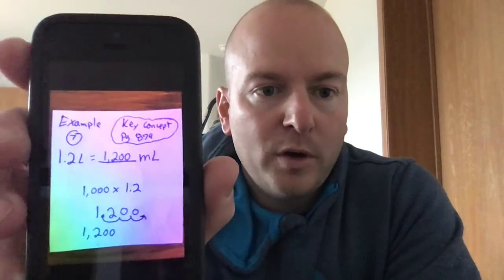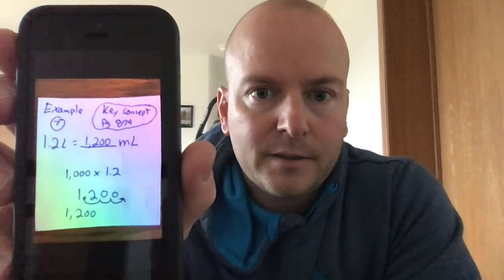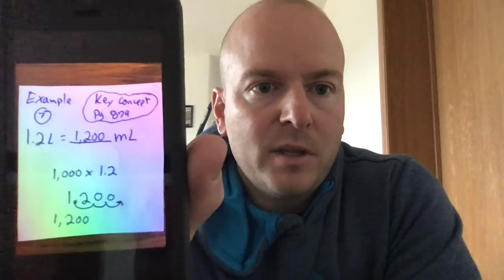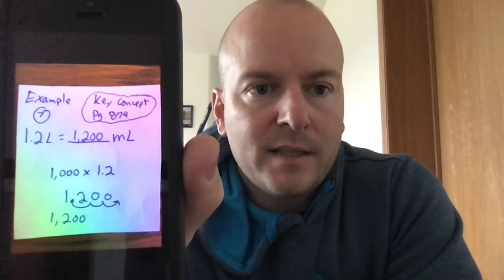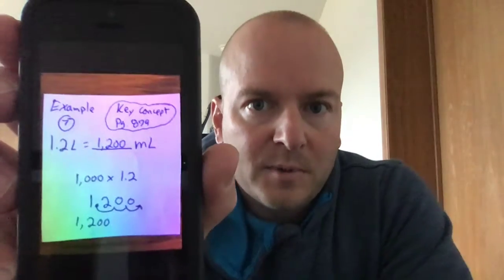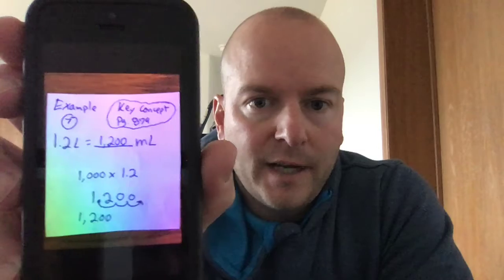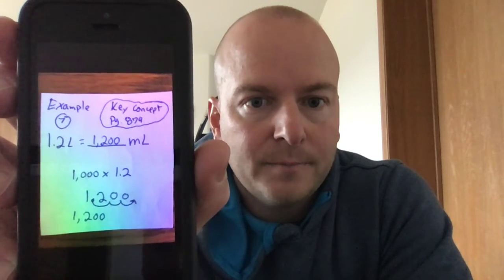So 1.2 liters equals 1,200 milliliters. As I've tried to mention, the metric system is base 10, powers of 10, so that is somewhat helpful, especially if you're used to it. Key concept, page 879, would be very useful to you again if you take time to look at that.